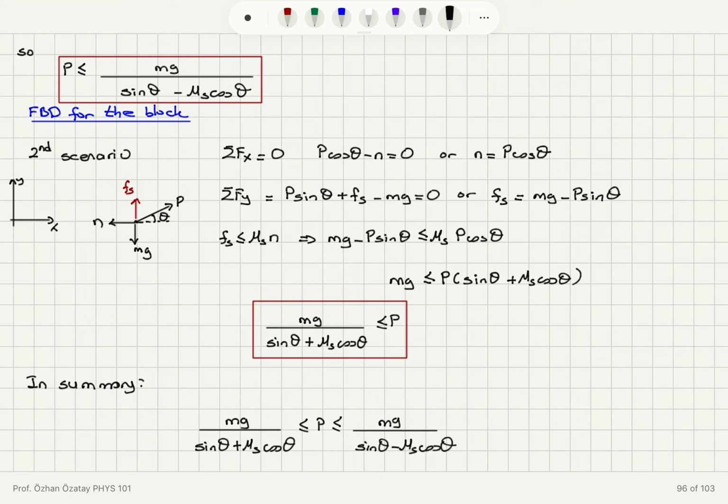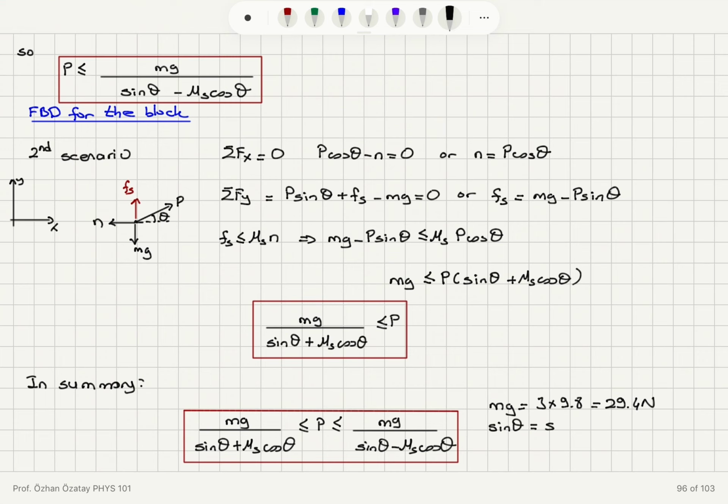So let's plug in some numbers here. What is mg? What I'm calling mg here is 3 kilograms times 9.8 meters per second square gravitational acceleration. That is 29.4 newtons. Sine theta is sine 50, which is 0.766.